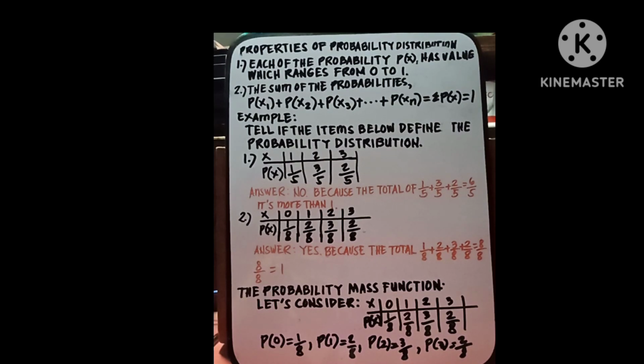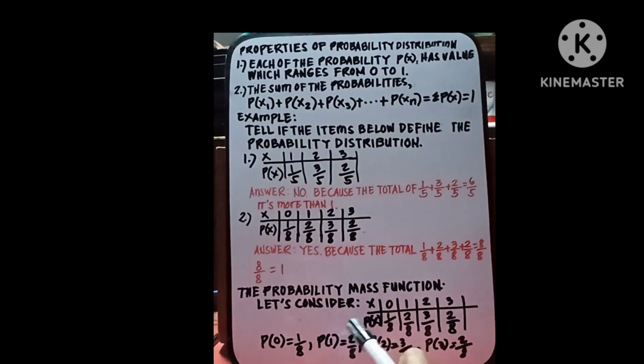So the ways we express the probability distribution of a random variable are many. We can express the probability distribution as the probability mass function.